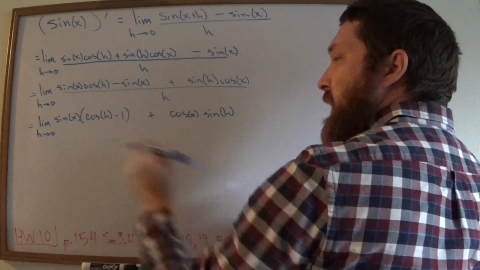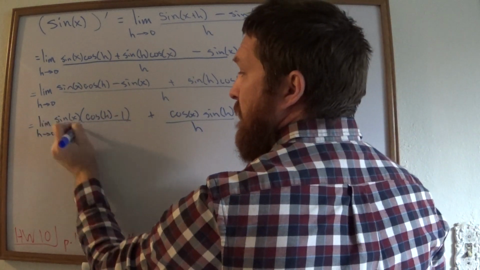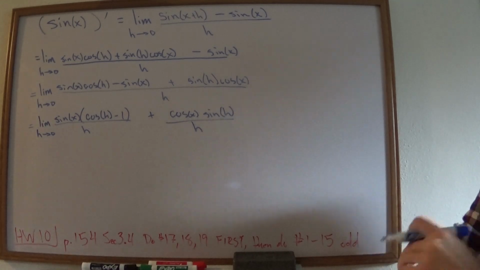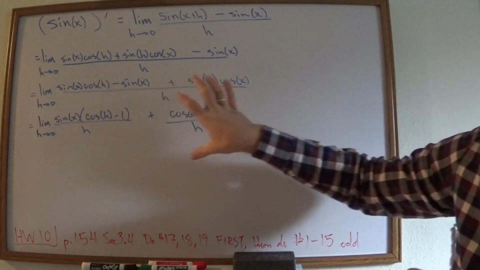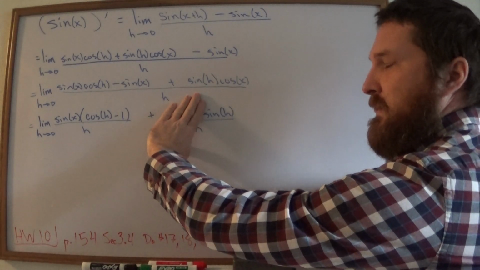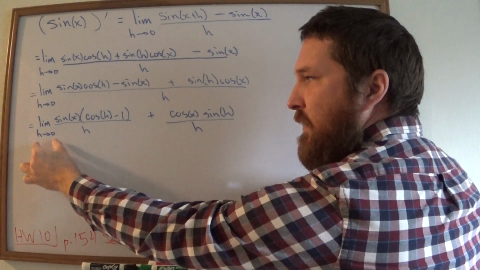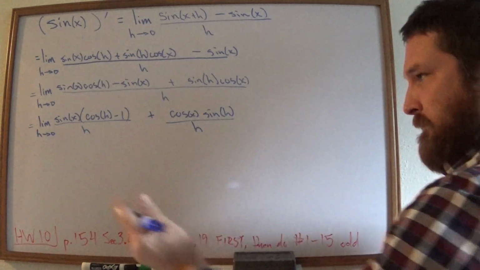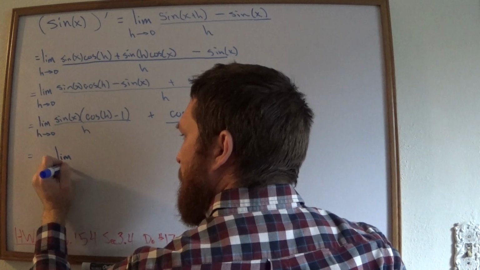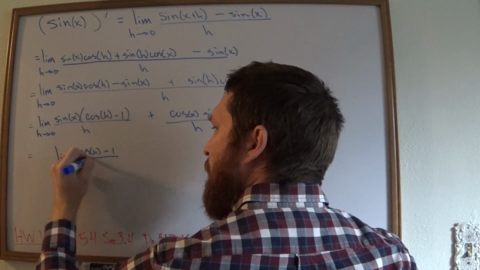Now this is all over h, or like this as well, right? That's the same thing. And now I could kind of see, you could think about this as two limits. As far as cosine is concerned, it's just a constant. As far as sine is concerned, it's just a constant. And so I could take the limit of this part as h goes to 0, and I'm just going to worry about the h part.